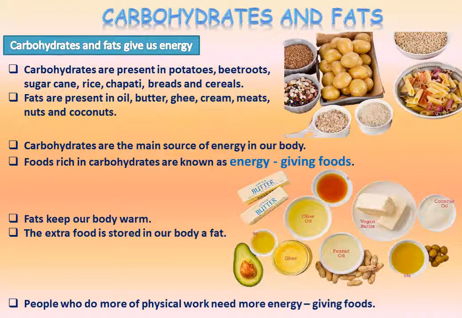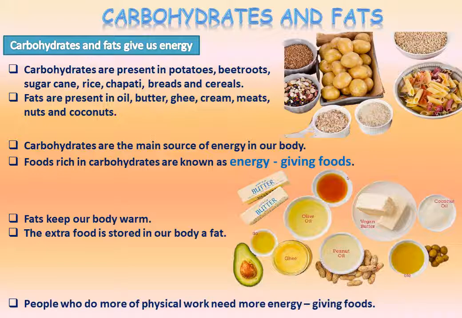We will learn about carbohydrates and fats together first. They both give us energy. So you will be wondering, where do we get these carbohydrates and fats from? Let's see. Carbohydrates are present in potatoes, beetroots, sugarcane, rice, chapati, breads and cereals.